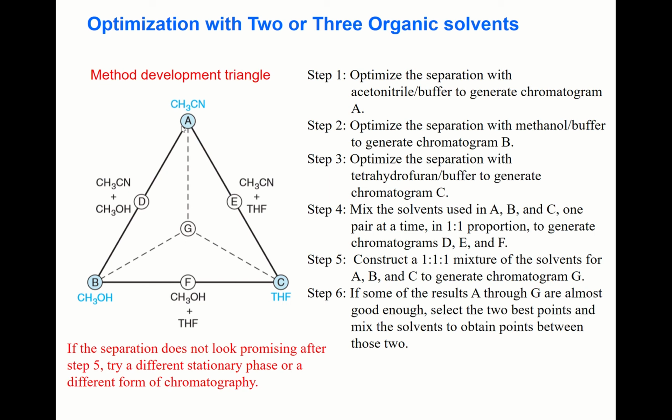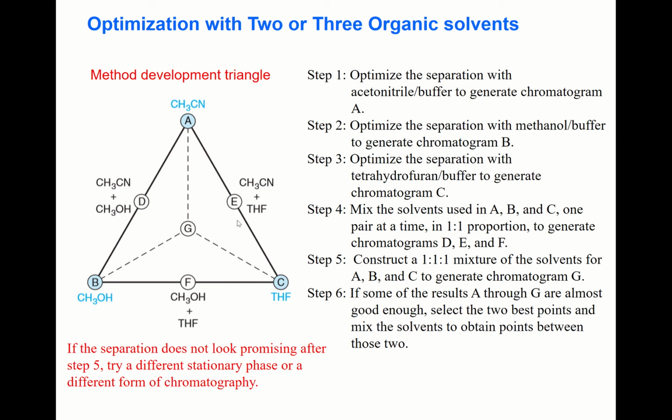apex: acetonitrile, methanol, and THF. Between A and B, the D is the combination of acetonitrile and methanol, and this line F is the combination of methanol and THF.